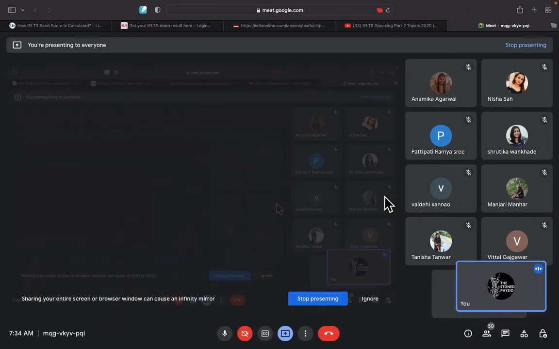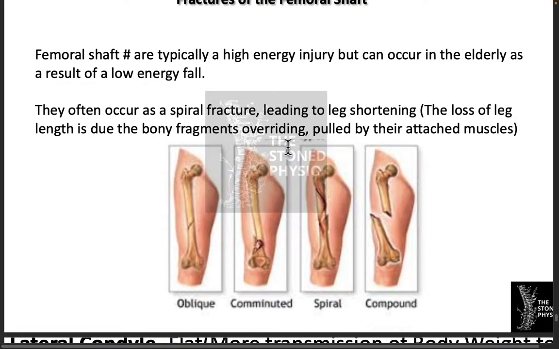Let's say some pus formation happened there, or some infectious disease came along. So in that case we are not supposed to go for open reduction and internal fixation. In that case we will try to go for the external fixation only. We don't want to open it up and then close it back, because we might affect it even more, we can damage it even more. So in that case we would prefer to go for external fixation.